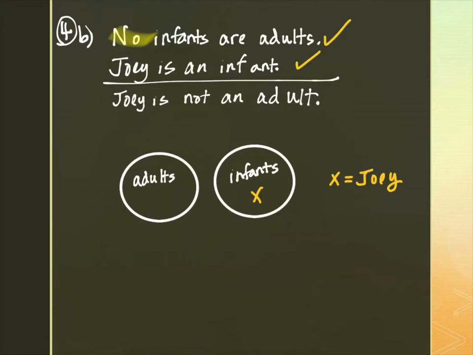So can I say this statement that follows? Is it valid? Joey is not an adult. Yeah, I can, so I can say that this is a valid argument. Okay, is that all right?